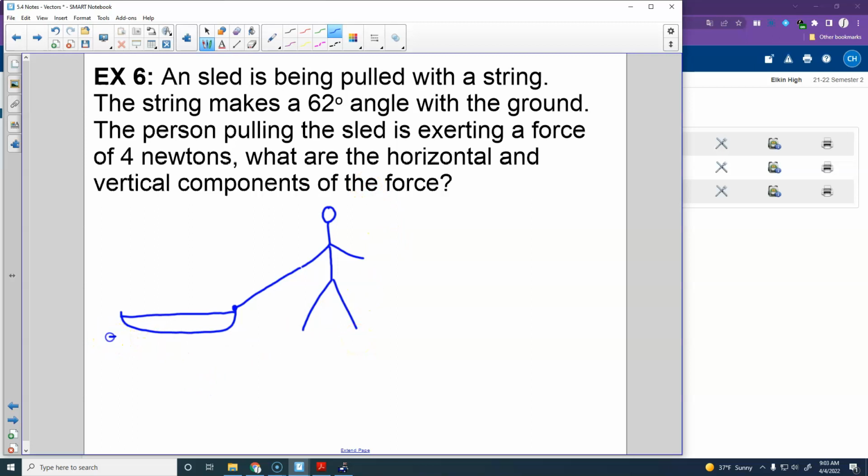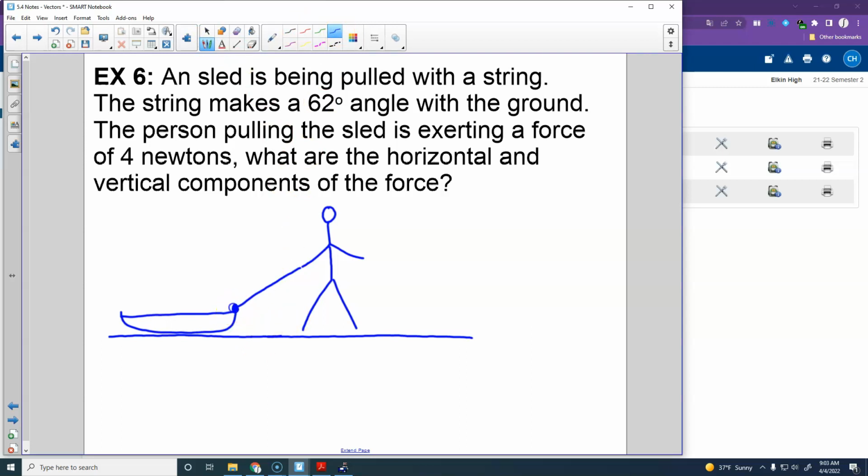And they are pulling the sled along. We are going to assume flat ground here. And we're pulling it in this direction. Although I might not want to put that arrow there because it might mess up our vector here.